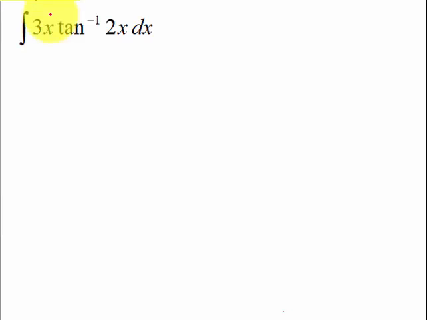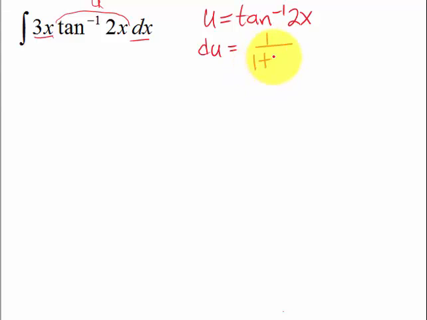So what I'm going to do is call this function u, because I can differentiate that a lot easier than I can integrate it, and then my dv is going to be what's left there. So I've got u equal tan inverse of 2x, so du equals 1 over 1 plus our 2x squared, and then we got the chain rule multiplied by the derivative of 2x.